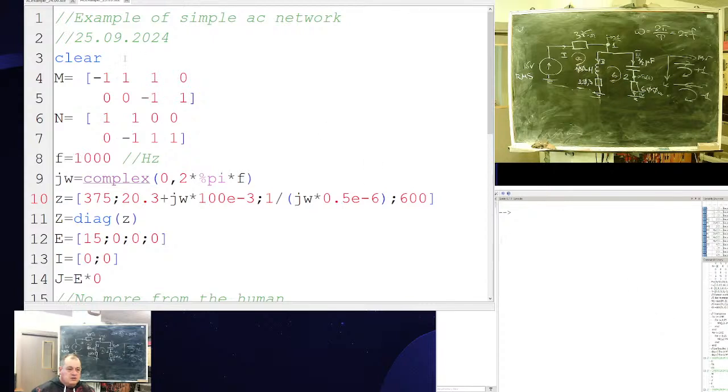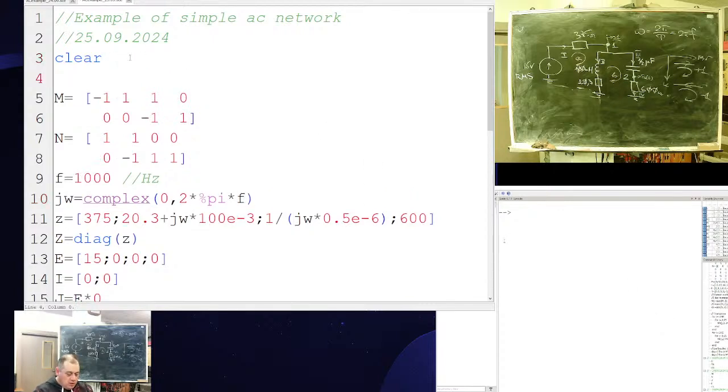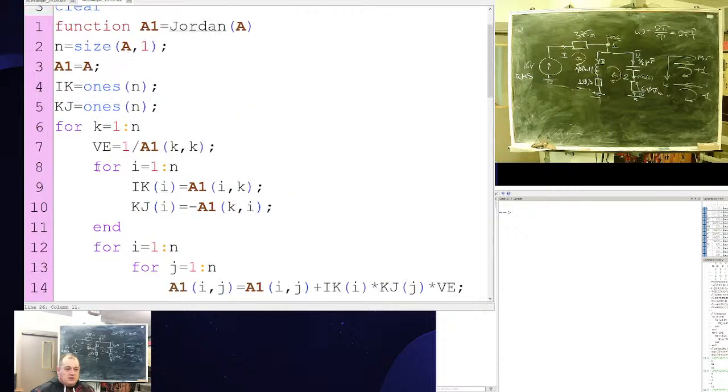I will put it here. Jordan elimination is a simple way to perform a matrix inversion, because matrices do not have a division operation. You need an inverse matrix.